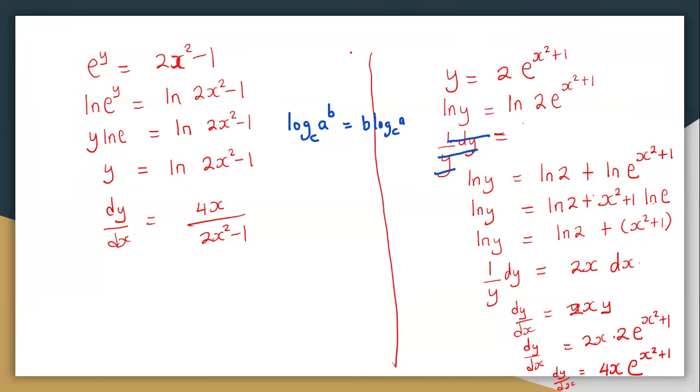Someone who knows how to use the chain rule could have used it as well, whereby you say, my y is equal to 2e power u.